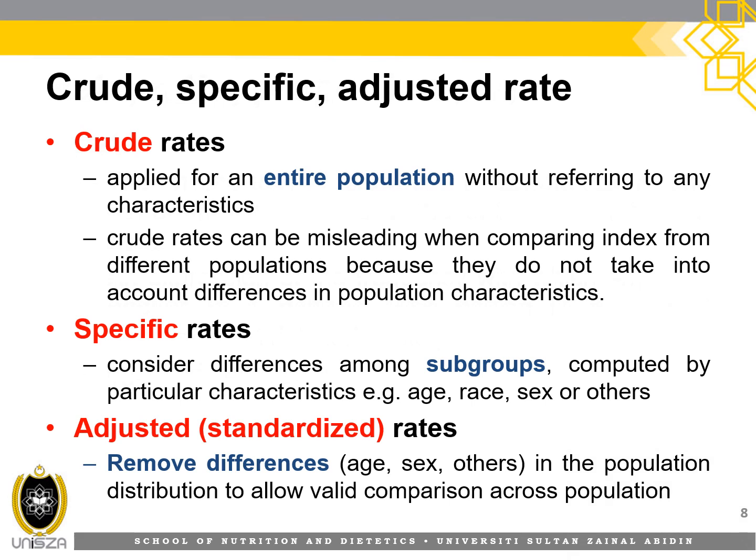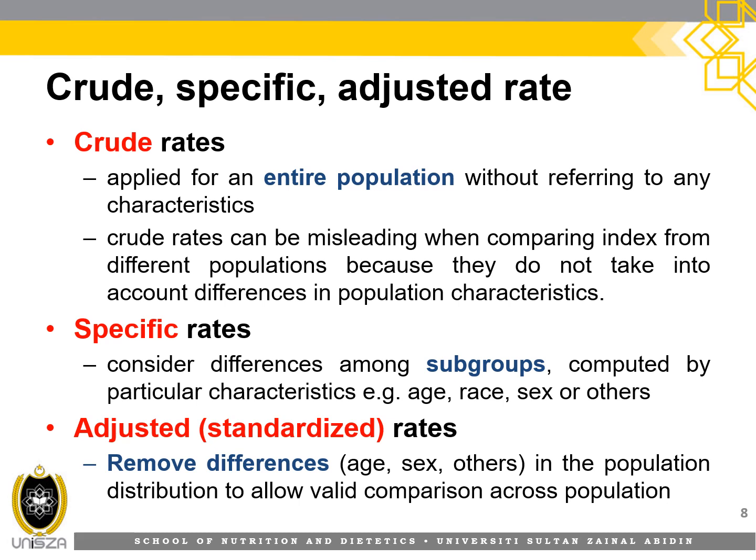Rate can be divided into three. The first one is crude rates. The second one is specific rates. And the third one is adjusted, sometimes called standardized rates. Crude rates are applied for the entire population without referring to any characteristics.